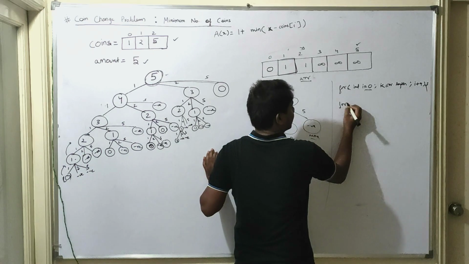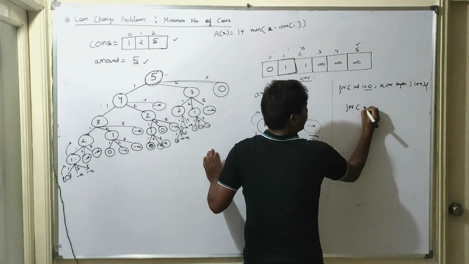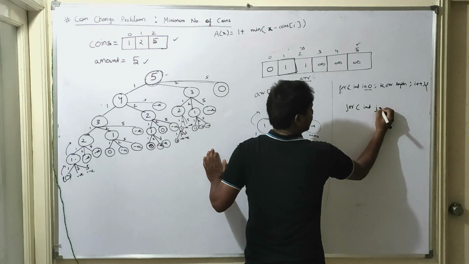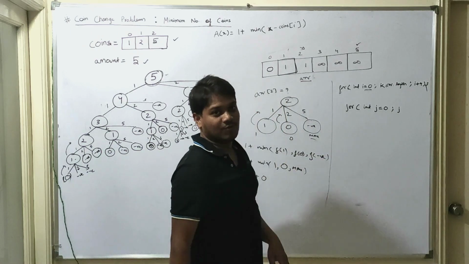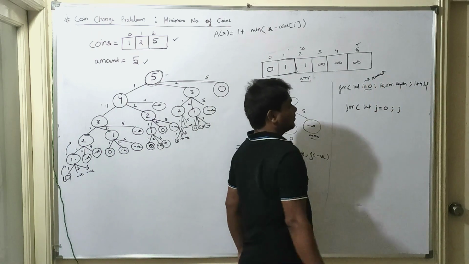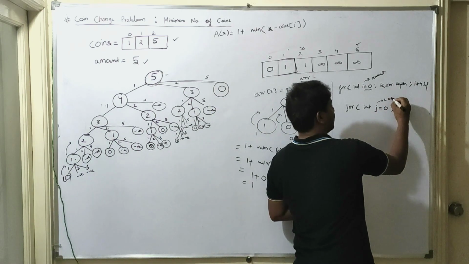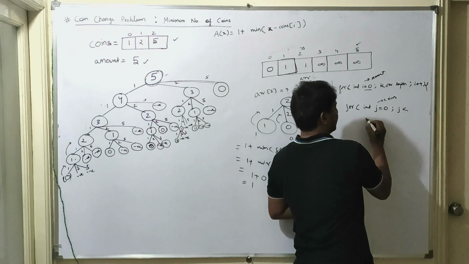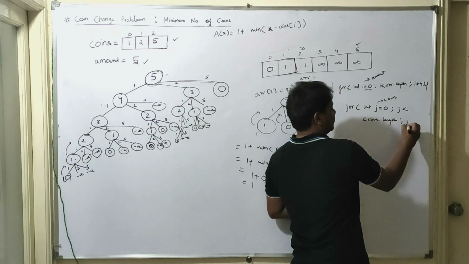So what we can do is, one nested for loop we can write, for integer j equal to 0, j less than what? What is i over here? i is amount. What is j? j is the coins that we are having. So this is the coins. j less than coins.length, j plus plus.